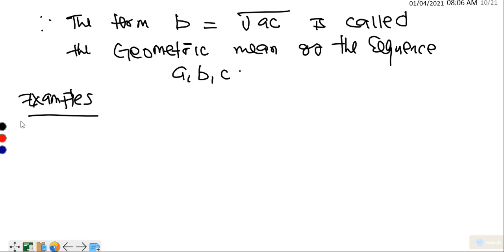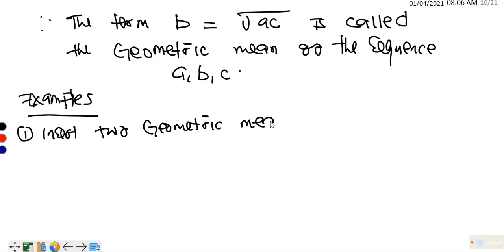Example 1. Insert two geometric means between 12 and 324.